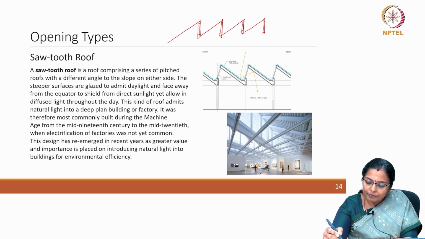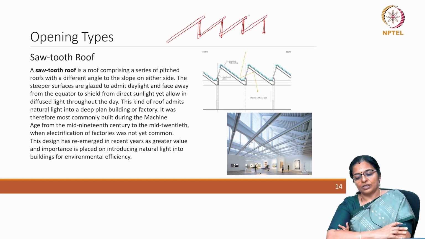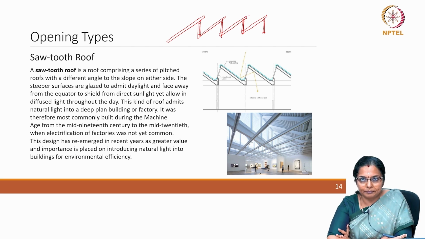In India, it is also commonly called north lighting because it is supposedly oriented towards north. It comprises a series of pitched roofs with a different angle to the slope on either side.